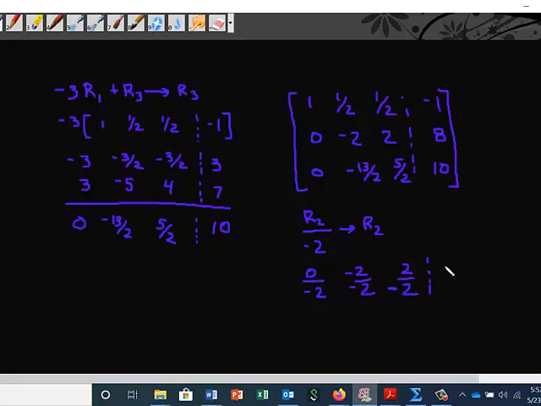And this will be 8 over negative 2. So now what we have here is going to be 0, 1, negative 1, and then here we have negative 4. So take a second, pause the video, and copy this down.